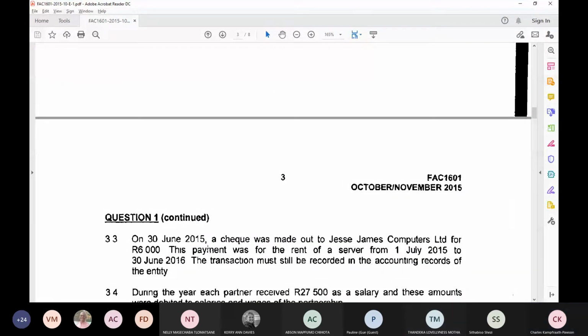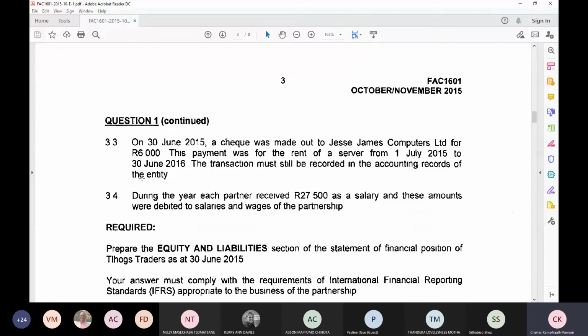Yes, sir. Cool. On 30 June 2015, a check was made out to Jesse James Computers Limited for 6,000 Rand. The payment was for the rent of a server from 1 July 2015. Look at the date. To 30 June 2016. When does our financial year end? 30 June.